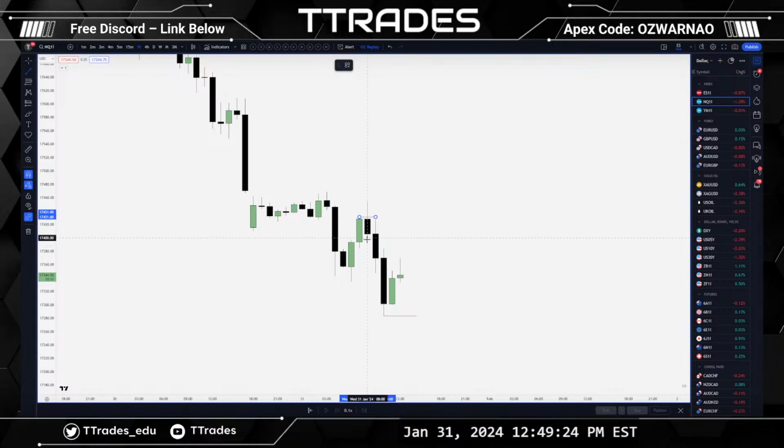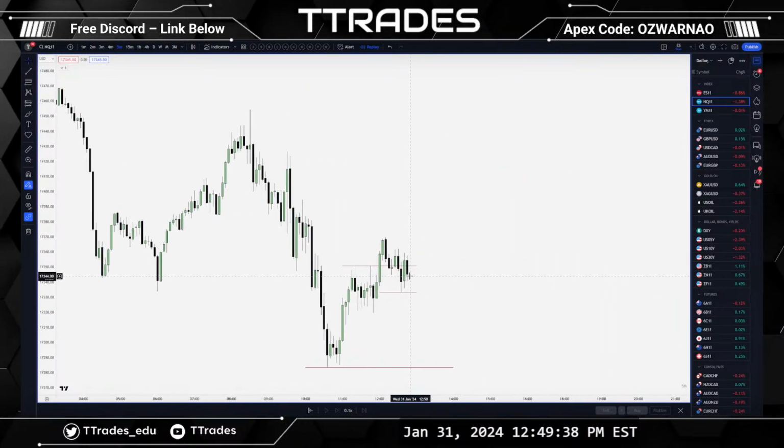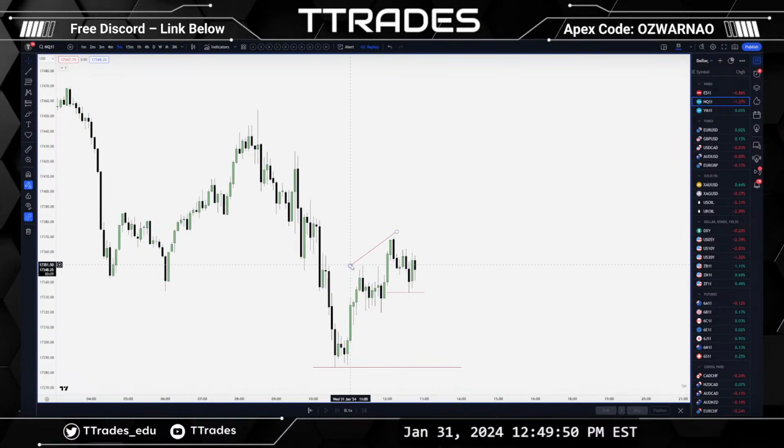We sweep this high, we close, then on the next candle, we can make the move lower, right? So I wouldn't anticipate this to really move much between here and here for the next 10 minutes or so. Yeah, I could be wrong. We might make another sweep, but let's see. Yeah, we have the SMT there as well.